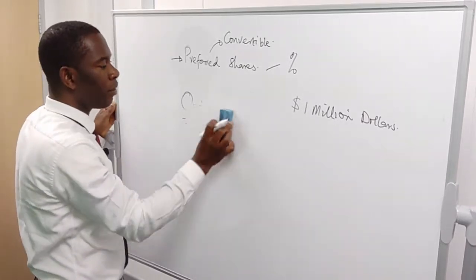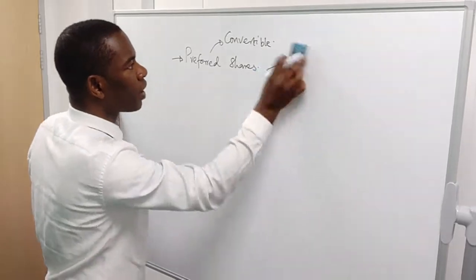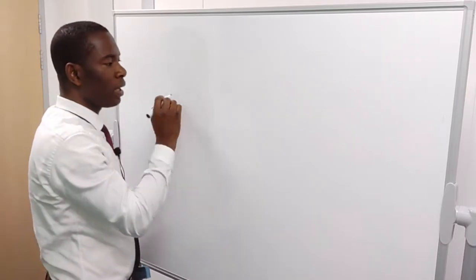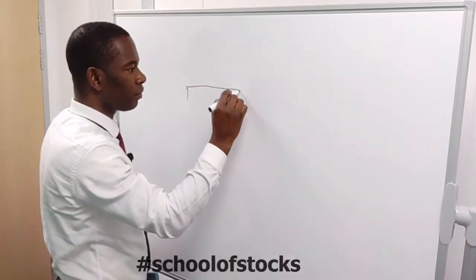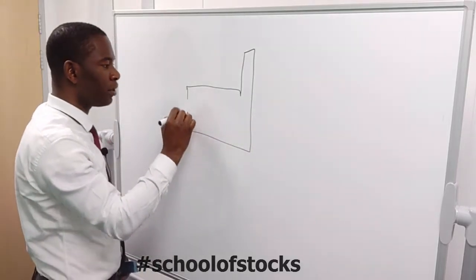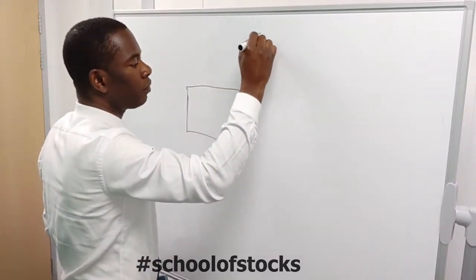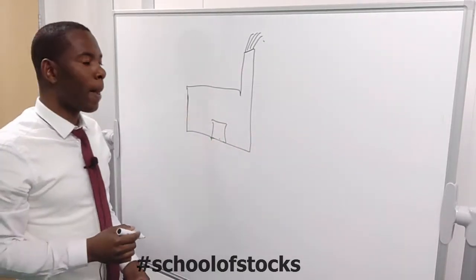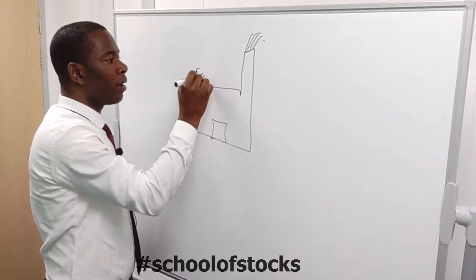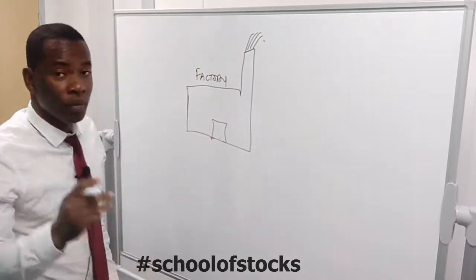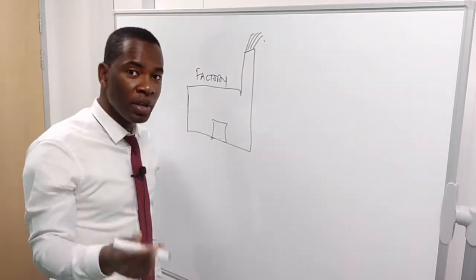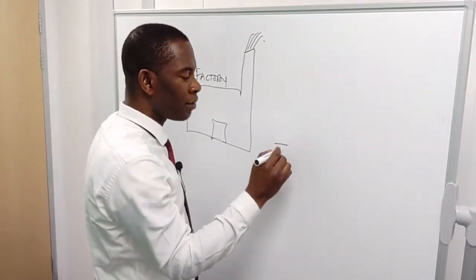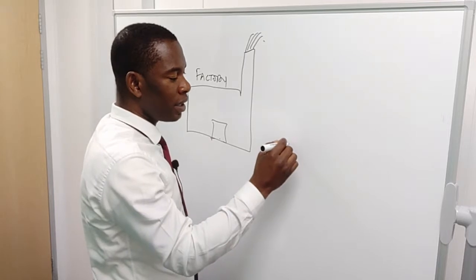Now, talking about ownership of a company, in trying to build this factory, what normally happens is that the owners or the founders try to get money from themselves.